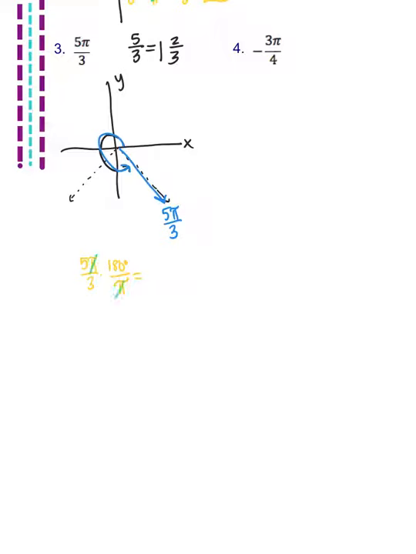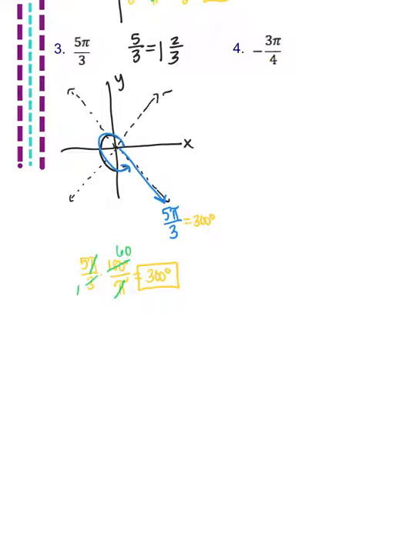My pi's would cancel, and I can cross cancel this 180 and this 3. I can pull a 3 from both. If I have 5 times 60 here, and 5 times 60 is just going to be 300. That looks right. And if you were to chunk this out in groups of 3, think of it this way.